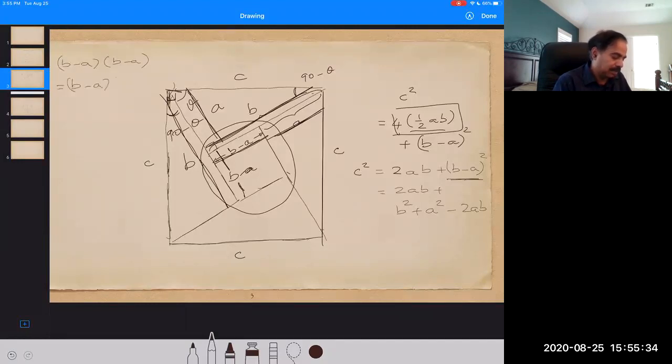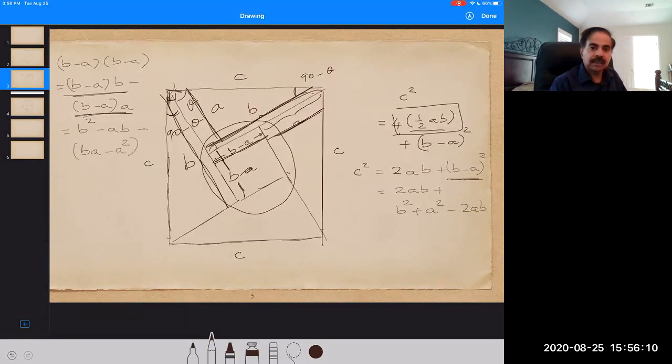b minus a times b minus b minus a times a. And then I take the b inside, so that is b square minus ab. That's what I get if I take the b inside, right? And then if I take the a in here, then you see ba minus a square, right?